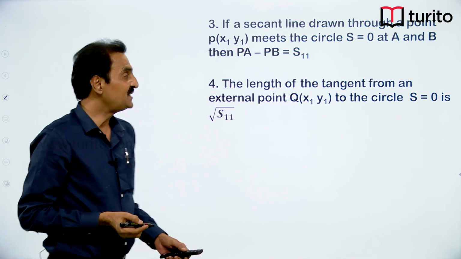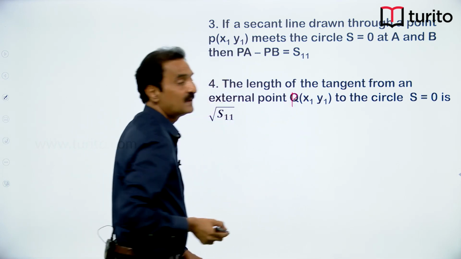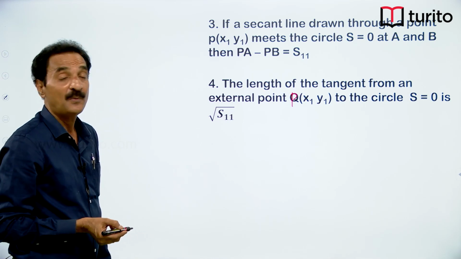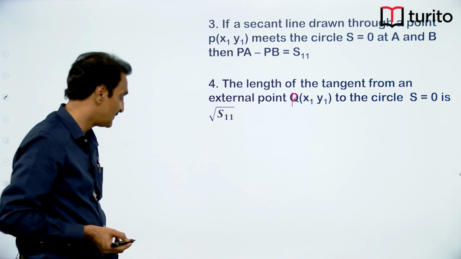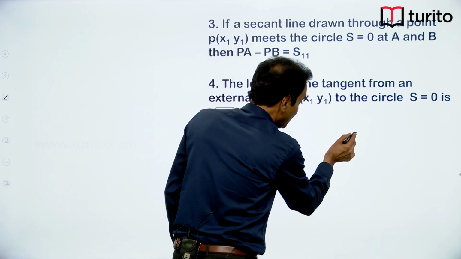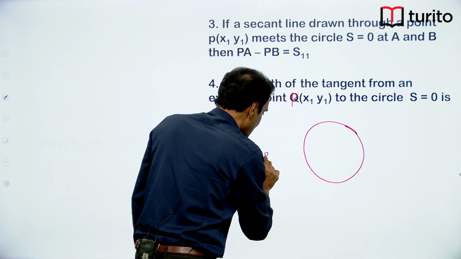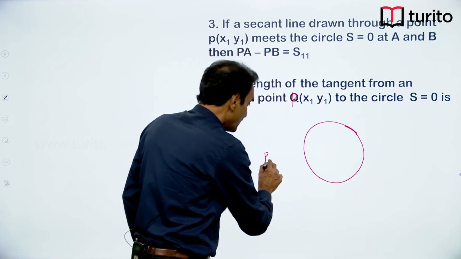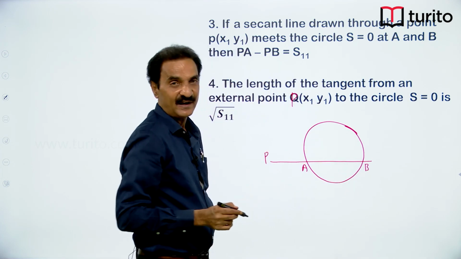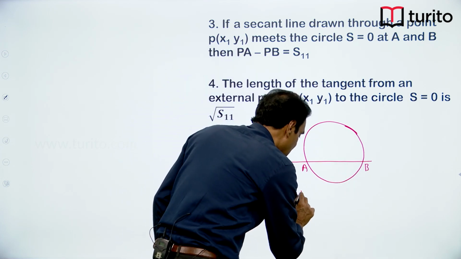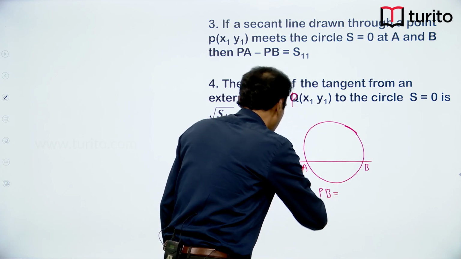The length of the tangent from an external point P(x1, y1) to the circle S is equal to 0 is root S11. How? In your lower classes, you must have studied one property. If P is an external point, if PAB is a secant line, then all of you know that PA into PB is equal to PT square.